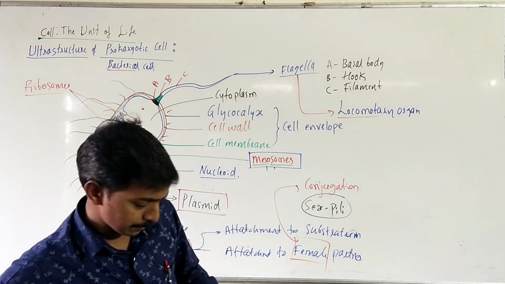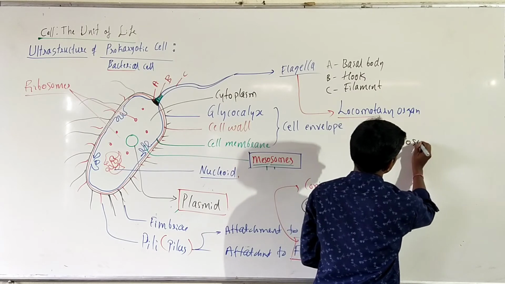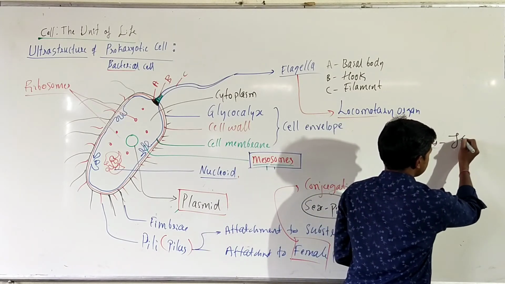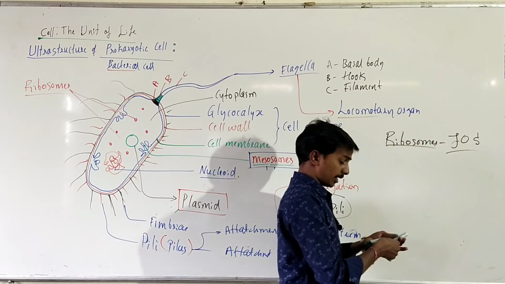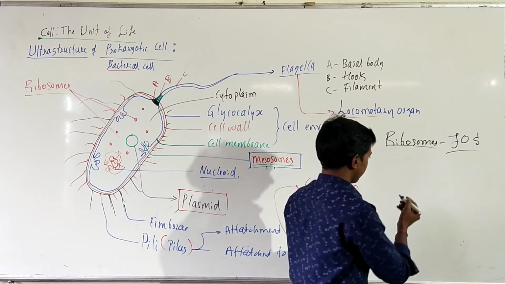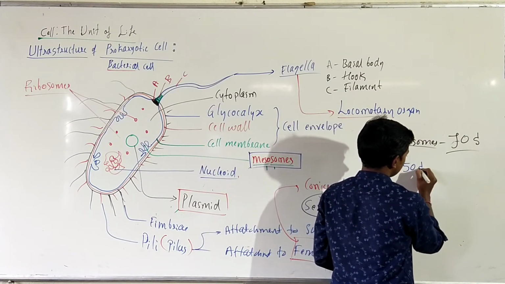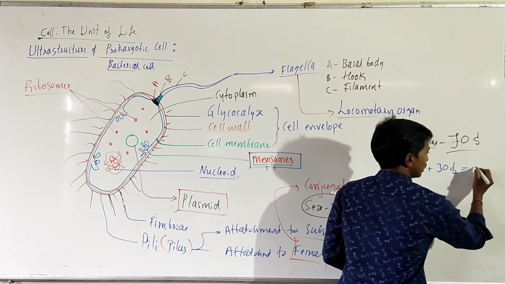Here ribosomes in prokaryotes are of 70S type and made up of two subunits. One is 50S plus 30S. This becomes 80.